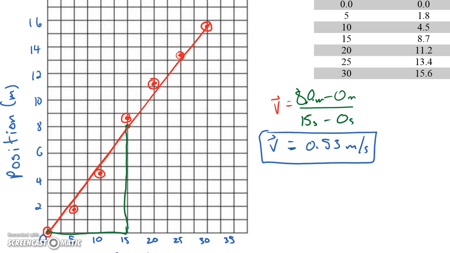So we've got 8.0, that's 2 sig figs, and over 15, so we're going to end up with 2 sig figs in our final answer.